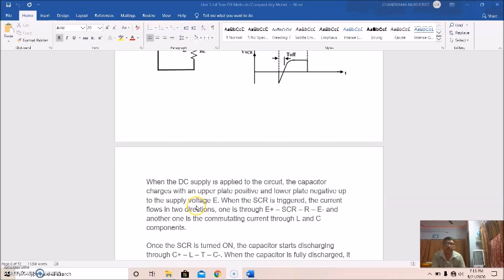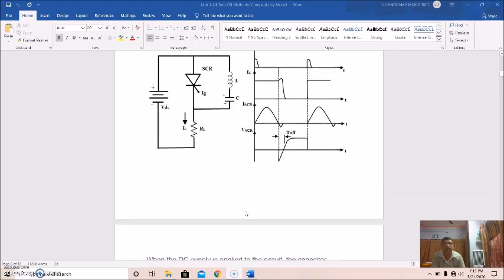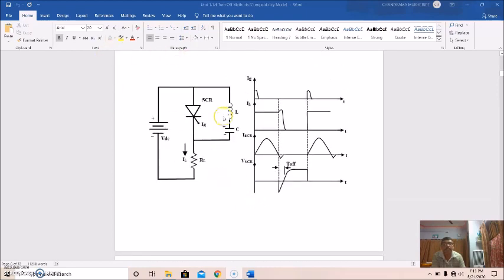The path will be E positive, then L, then C, then load, and then negative. Okay, so it is like this, this path.